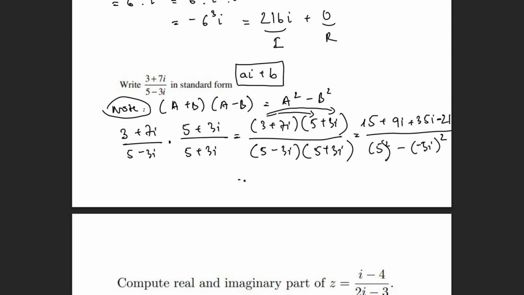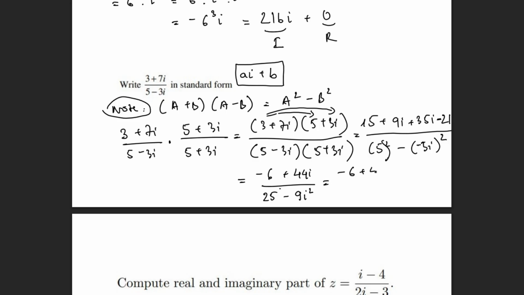So we'll simplify it as 15 - 21 is -6. 9i + 35i is going to be 44i over this 5², 5² is 25, and this one is -9i².